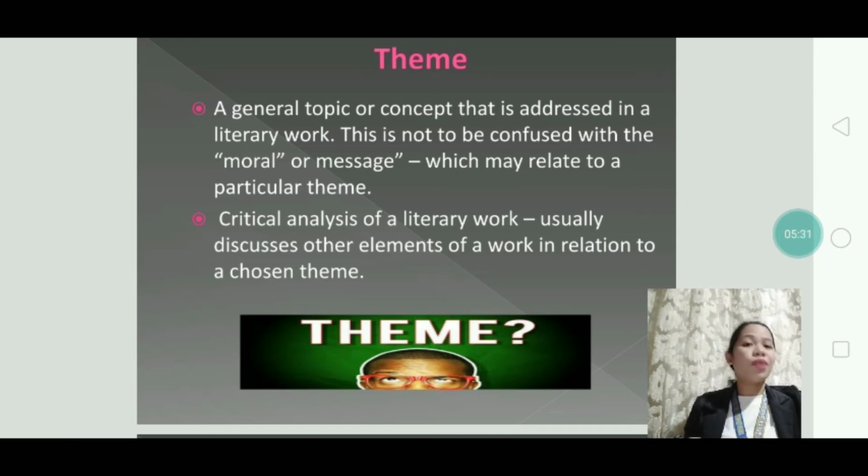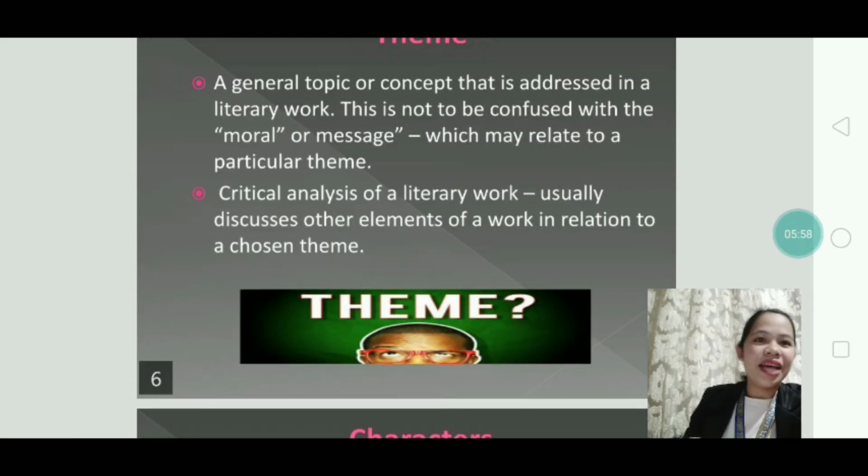Critical analysis of a literary work usually discusses other elements of a work in relation to a chosen theme. Now, usually, theme isn't literally written in a short story or a novel. It is usually up to the reader to find out what the theme of that specific story is. Take note of that, okay?